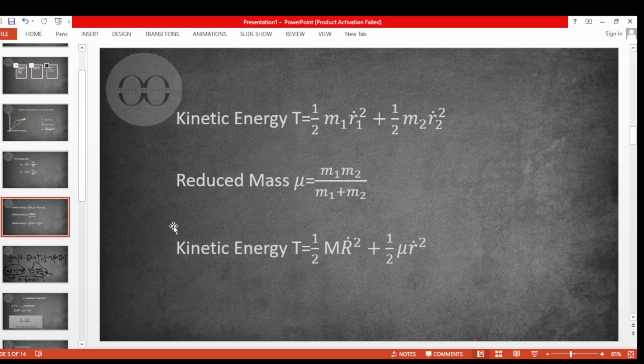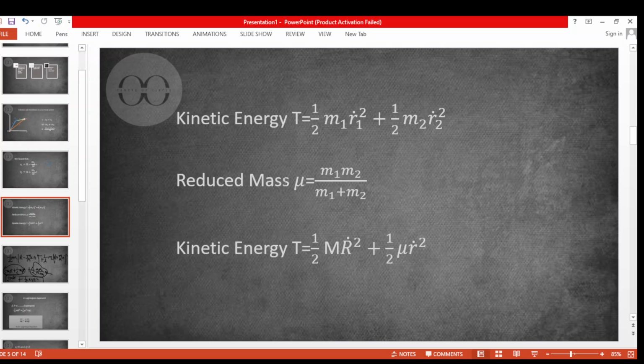Now, at first this equation had 6 degrees of freedom, as r1 dot has 3 coordinates, x1 dot, y1 dot, and z1 dot, and r2 dot had 3 coordinates, x2 dot, y2 dot, and z2 dot. So the total number of degrees of freedom was 6. It was a nightmare to solve an equation with 6 degrees of freedom.